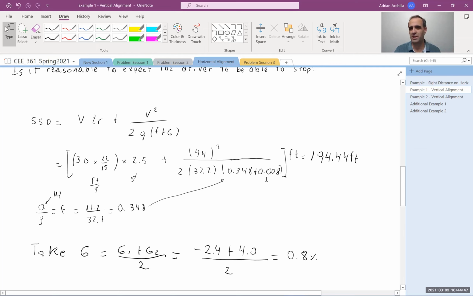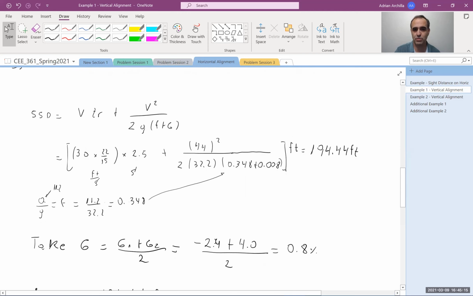Some people would take the maximum, but most of the time, the average grade will give you a reasonable value, and it's not so conservative like taking the most adverse grade.